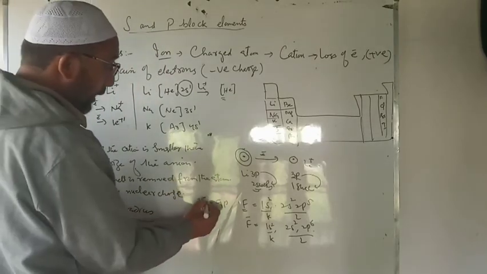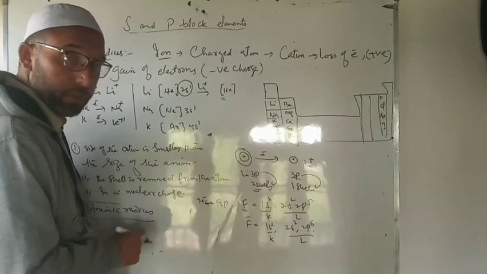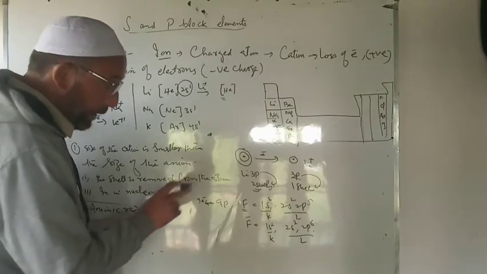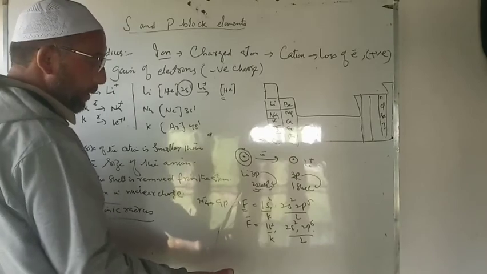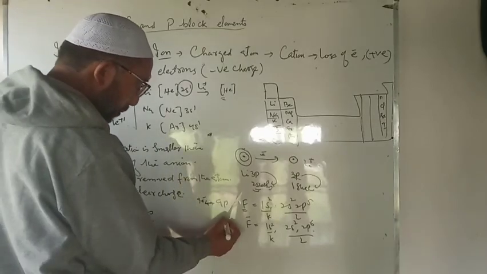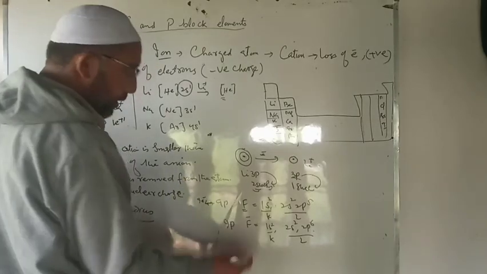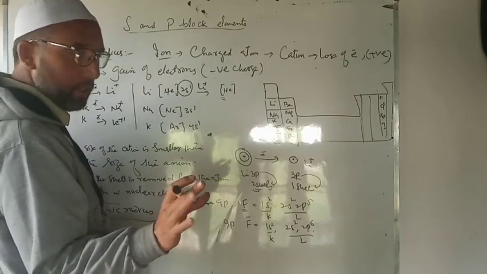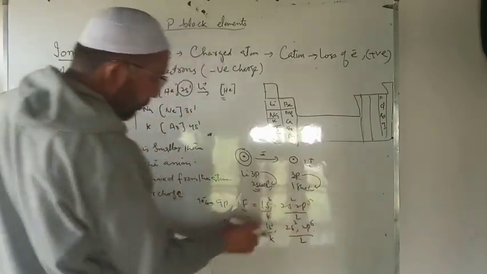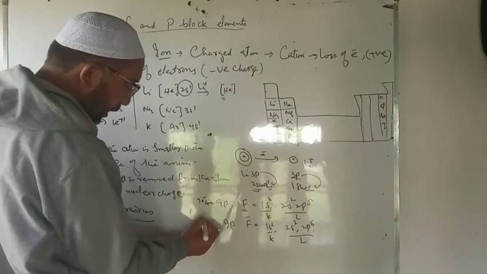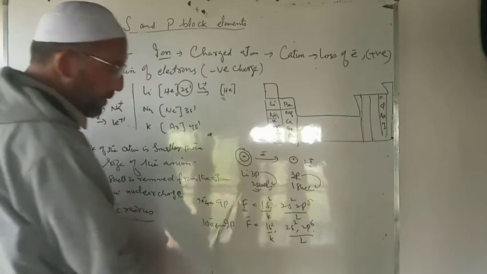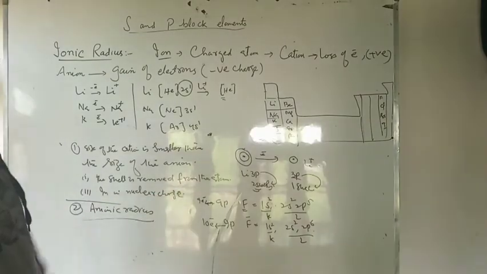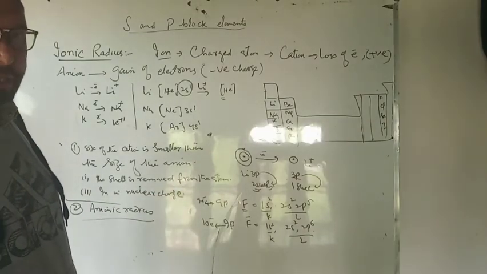But when this fluorine gets converted into fluoride ion, what happens? The number of protons remains the same, 9 protons in the nucleus. But 1 electron is added to the fluorine, and because of the addition of that electron, now the number of electrons becomes 10. Now you can yourself guess what will happen.